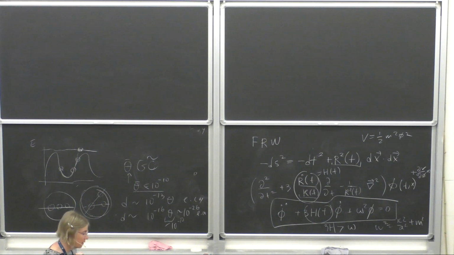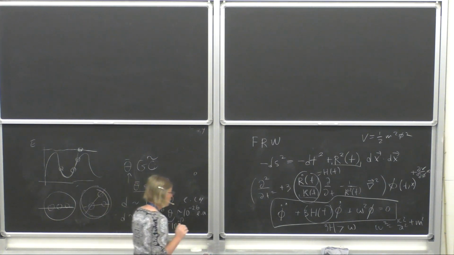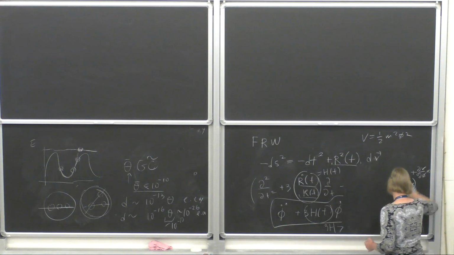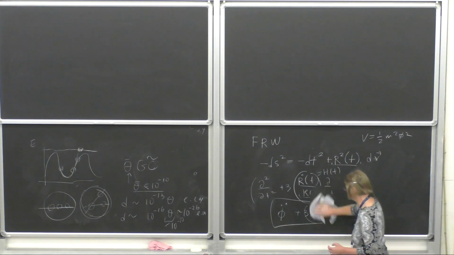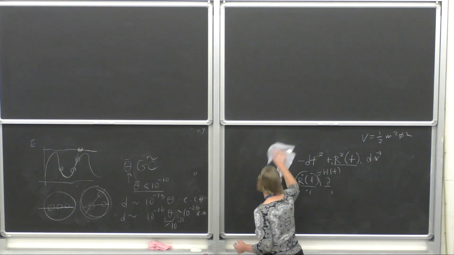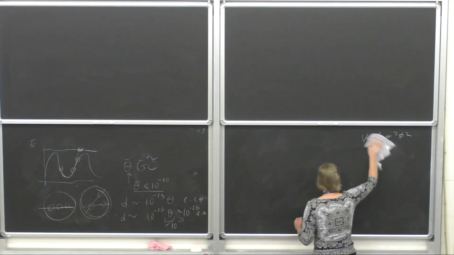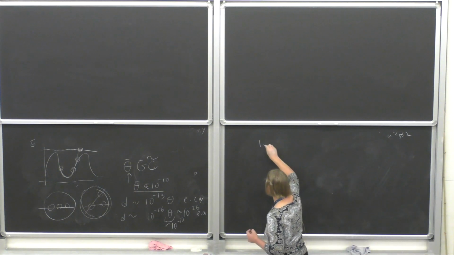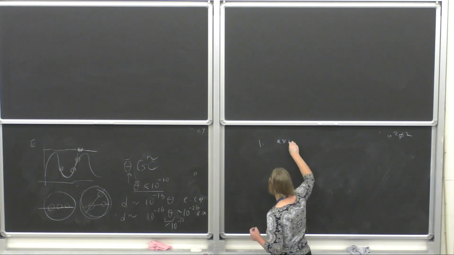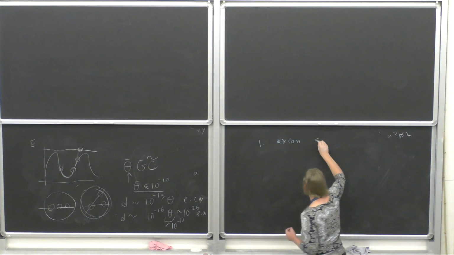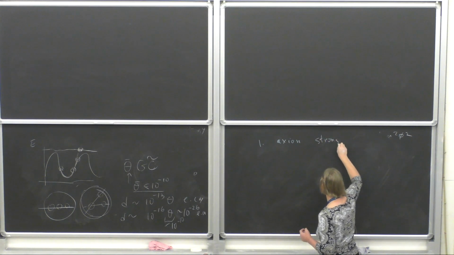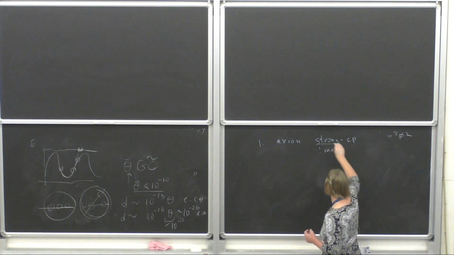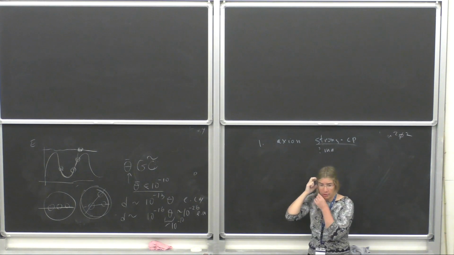Okay, so let's summarize: what is our motivation for the ultralight dark matter? The first: the axion solves the strong CP problem, possibly matter-antimatter asymmetry. And the strong CP problem is very, very hard to solve any other way.